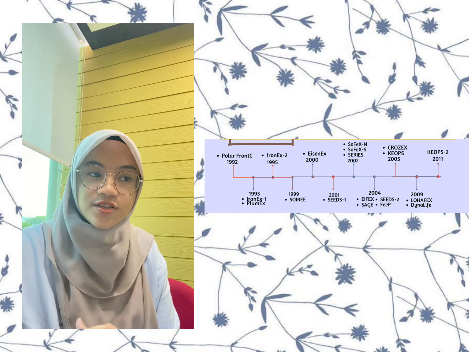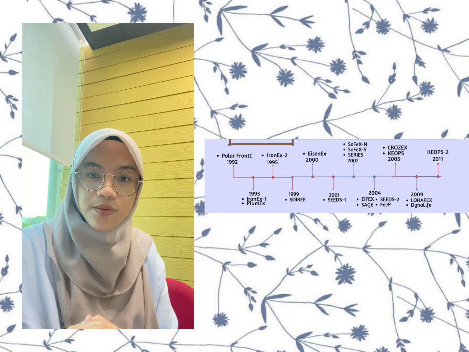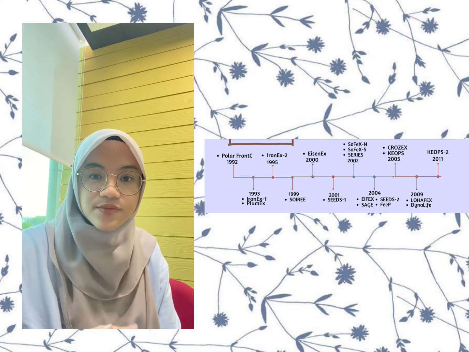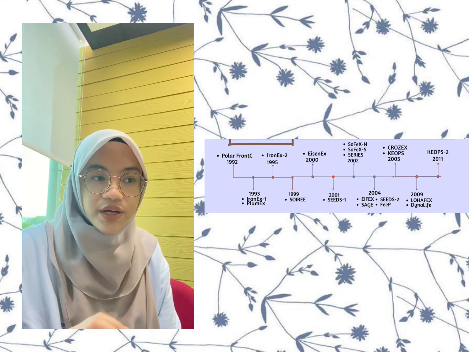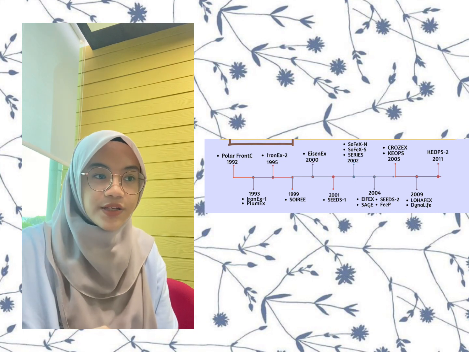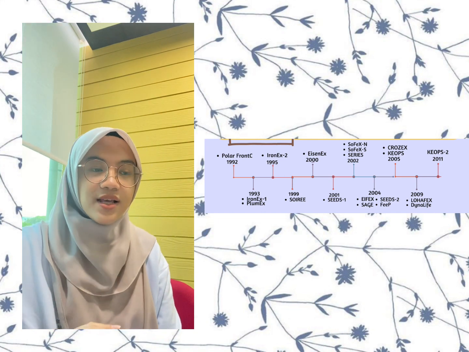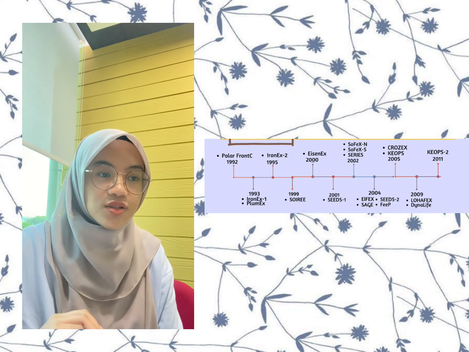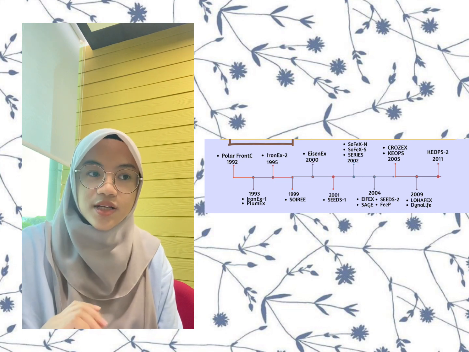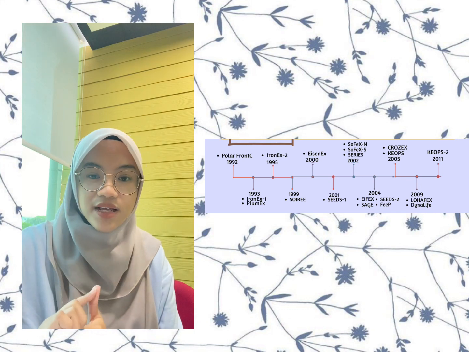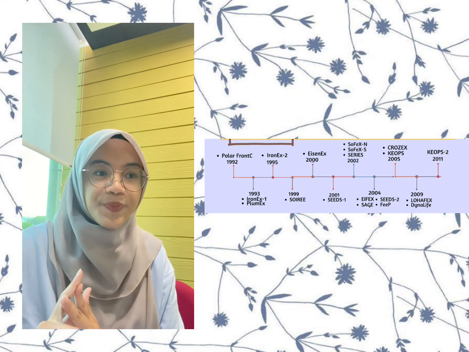In 1993, Iron Experiment 1 and PlumEx had been conducted. 1995, Iron Experiment 2, while 1998, SOIREE. Next, in 2000, ISOS had been conducted. 2001, EisenEx. 2002 had 3 experiments, SOFeX N, SOFeX S, and SERIES.